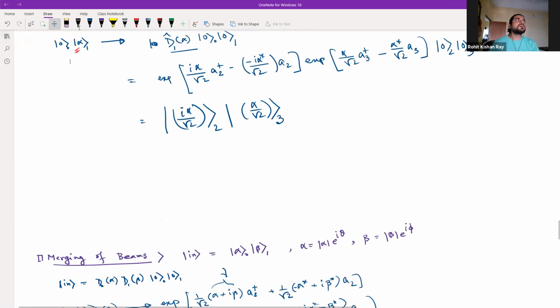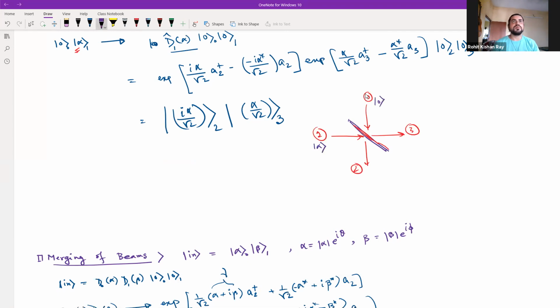So this is a beam splitter, let's say, and these are the 0, 1, 2, and 3. Right. So 0 has incoming 0 mode and 1 has incoming alpha.